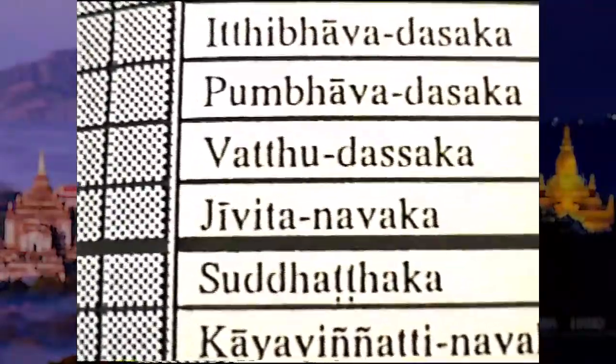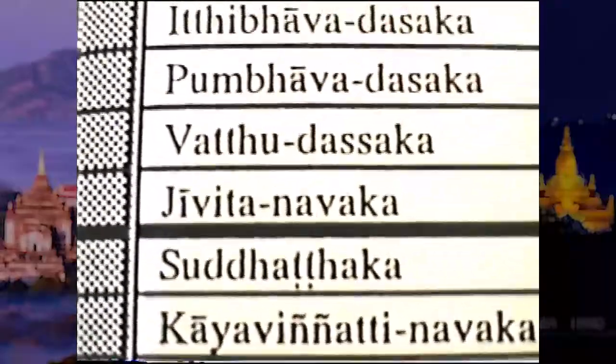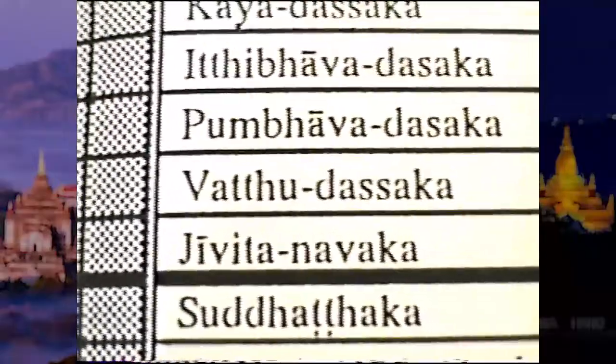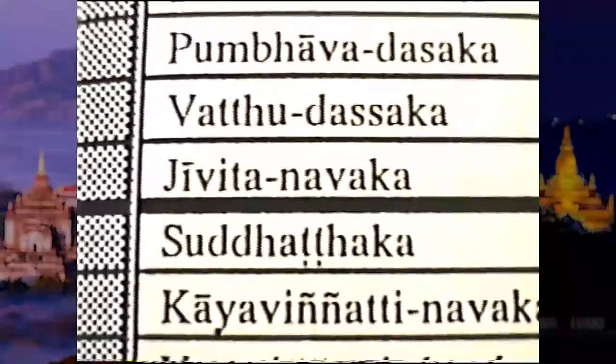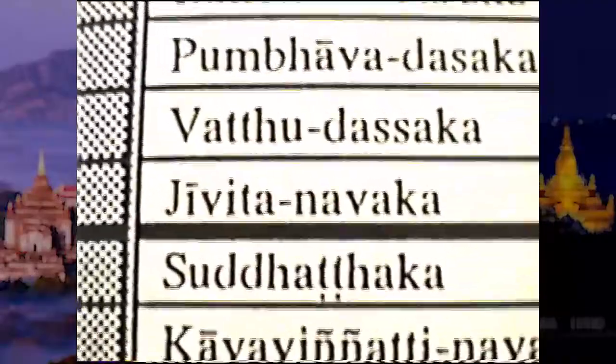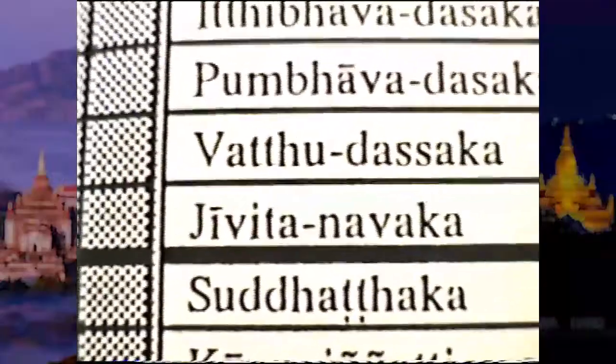These 9 are called Jivita Navaka, life nonad. These 9 groups or kalapas are those caused by karma. So there are 9 karma-ja kalapas.